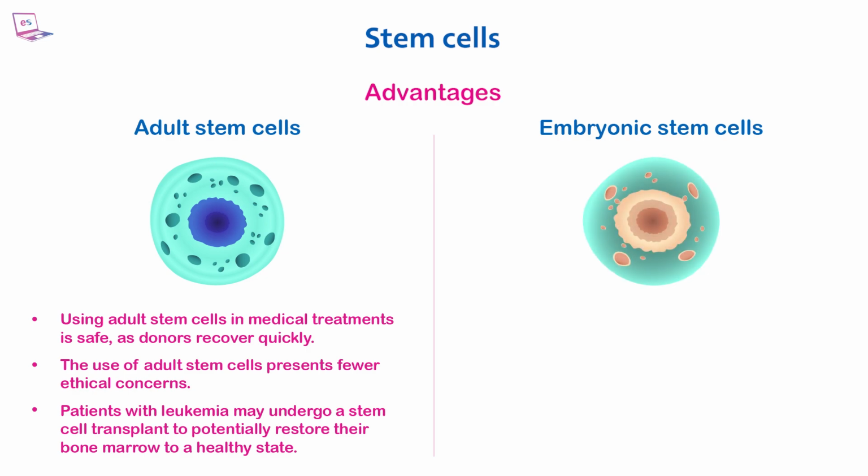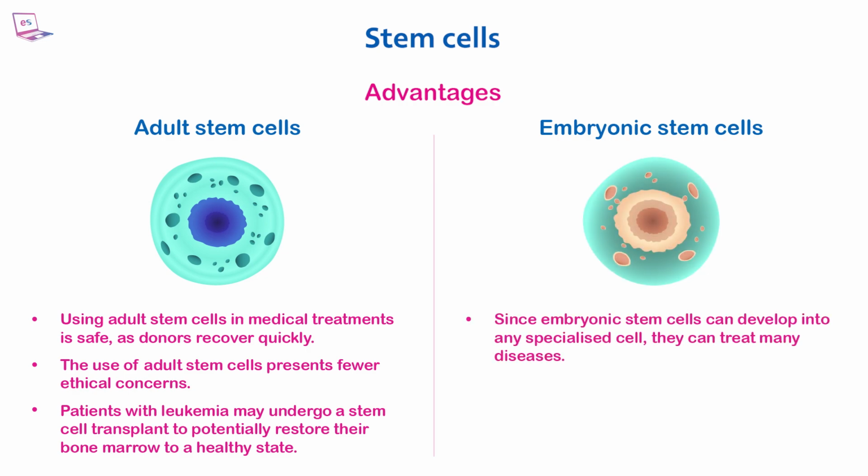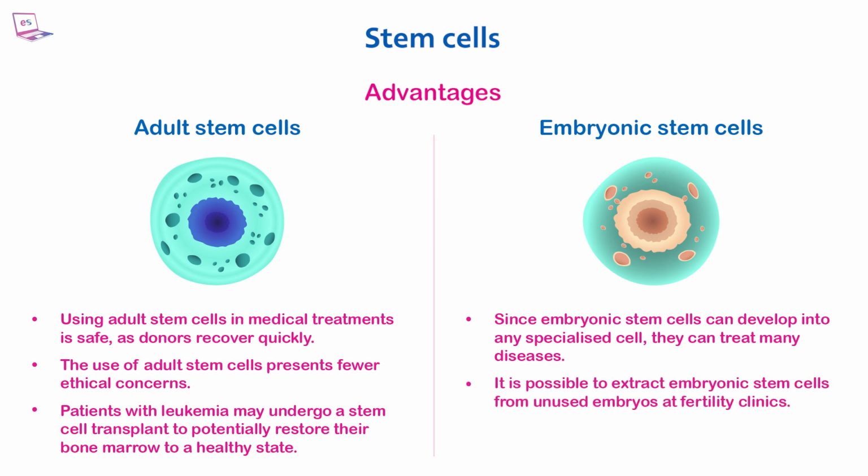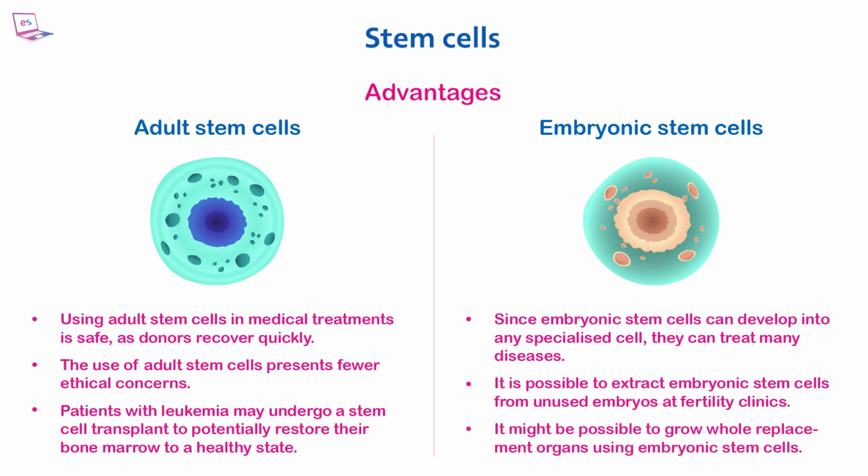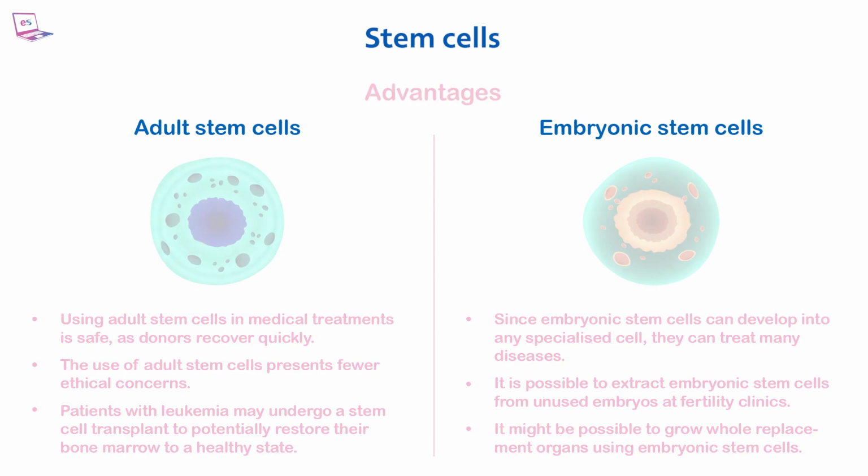The advantages of embryonic stem cells are as follows. Since embryonic stem cells can develop into any specialized cell, they can treat many diseases. It is possible to extract embryonic stem cells from unused embryos at fertility clinics. It might be possible to grow whole replacement organs using embryonic stem cells.